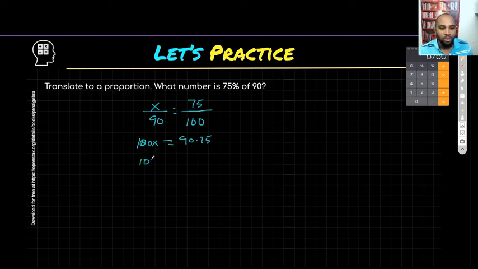And that gives me 100x equals 6750. Divide that by 100, which is pretty simple. Don't need a calculator for that, because all we're going to do is move this decimal two spaces back and give us 67.5.